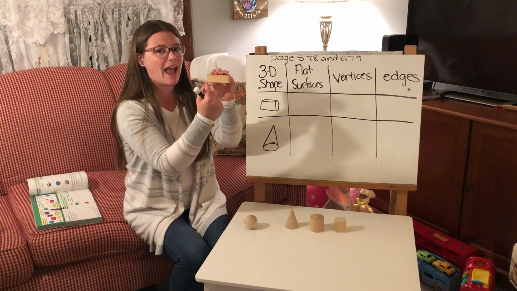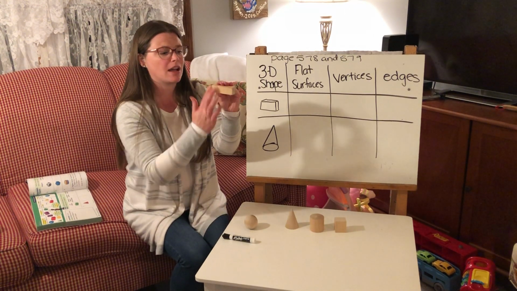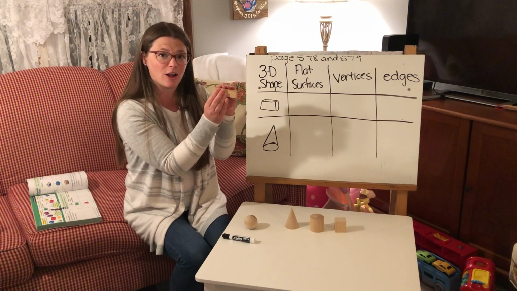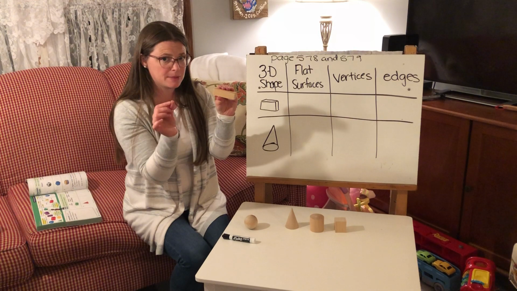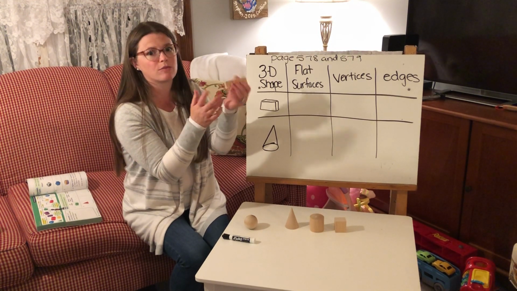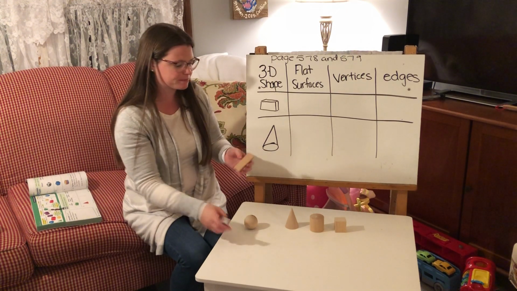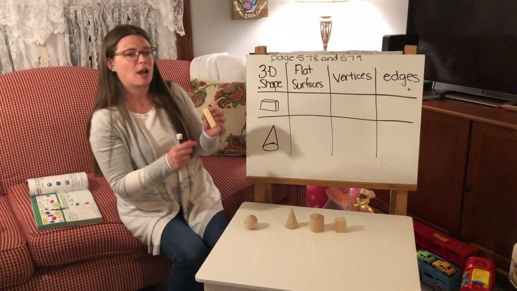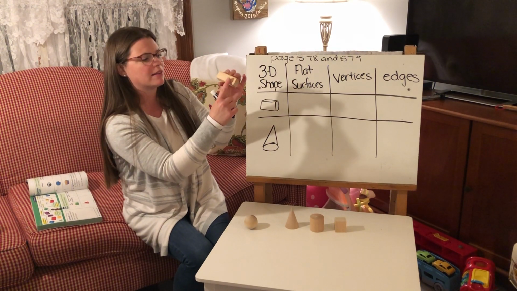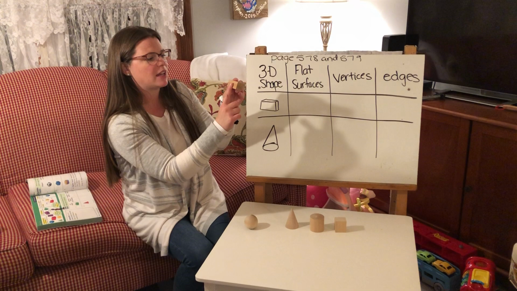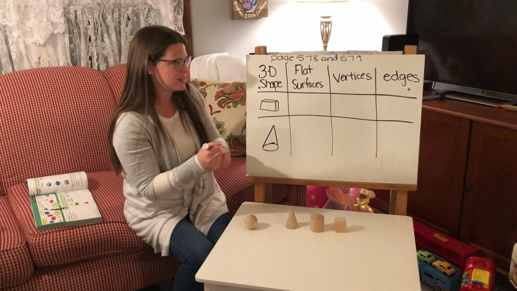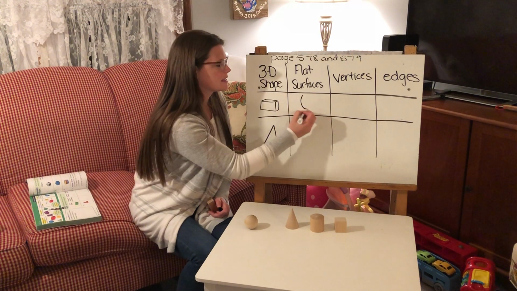It's called a rectangular prism because this flat surface is a rectangle, and prisms have squares or rectangles on both ends. All right. So here we go. We are going to count the flat surfaces. Ready? 1, 2, 3, 4, 5, 6. So let's fill that in. 6.